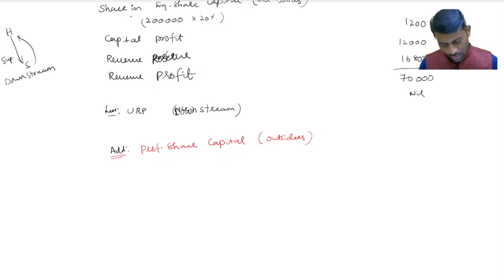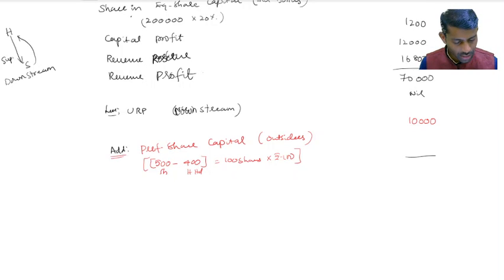Check out how much preference share capital was there: 50,000, or shall I say 500 shares, minus 400 held by H Limited. So outsiders hold 100 shares. 100 shares into rupees 100 gives 10,000 rupees, which is outsiders.